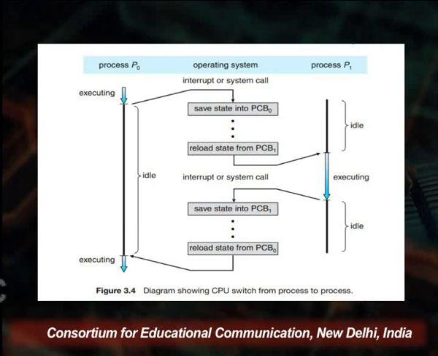And now after being idle for some time, process P0 is again in the state of execution. So this is the kind of flow when the CPU is taken from one process and given to another, or technically a CPU switch from one process to another. So this is the diagram explaining that switch.